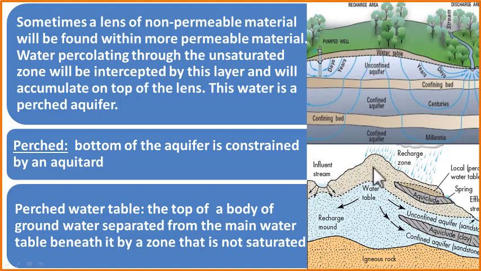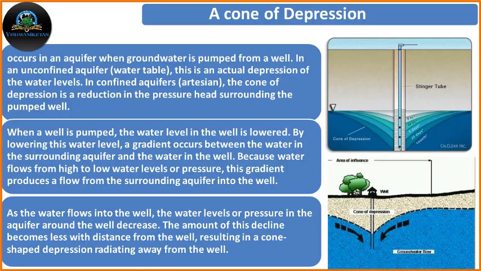In this particular diagram, we can see the confined aquifer, which is separated by the impervious layer from the bottom and the top. This is the unconfined aquifer, confined aquifer and perched water table. Now about the fluctuation in the unconfined aquifer.